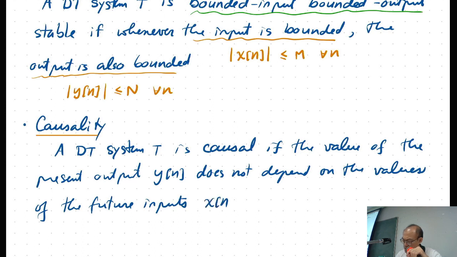Future input means x[n+1], x[n+2], and so on. So y[n] does not depend on x[n+1] or x[n+2] or x[n+3] and so on. It can depend on x[n], it can depend on x[n-1], it can depend on the past values of the input, but not the future values. So when that is true, the system is called causal.